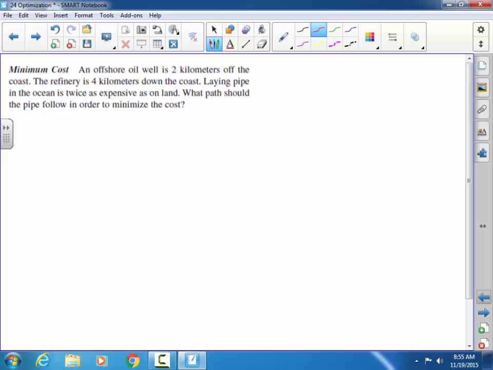An offshore oil well is 2 kilometers off the coast. The refinery is 4 kilometers down the coast. Laying pipe in the ocean is twice as expensive as on land. What path should the pipe follow in order to minimize the cost? Okay.